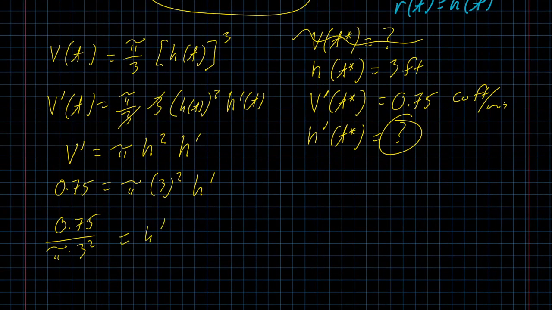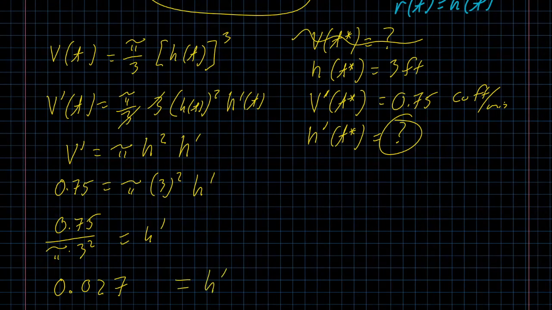Rearranging, that means that if I take 0.75 and I divide by pi and I divide by 3 squared, I get 0.027. That seems good enough. 0.027 is h prime.